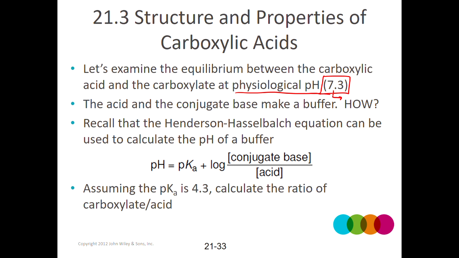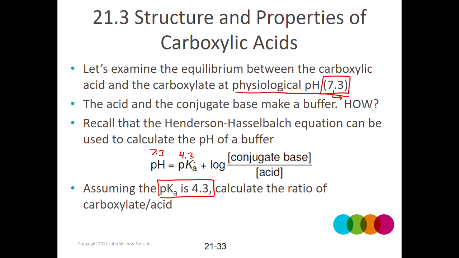So we know the pH is going to be kept in that area if this organism is going to be alive. So we can take that value and substitute it here in the Henderson-Hasselbalch equation, if you remember that from Gen Chem 2. And we know carboxylic acids have a pKa of around 4 or 5. So just for the sake of ease of mathematics, we'll put 4.3 in here for the pKa of the carboxylic acid. And then we want to calculate this ratio.